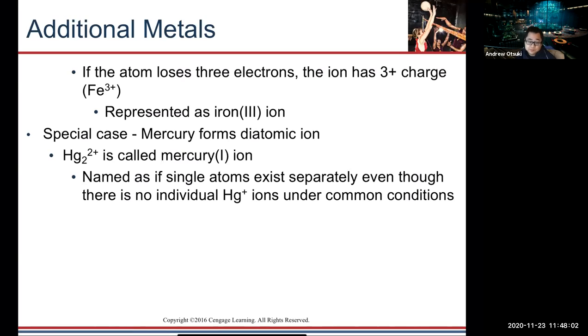So we name it as if each of the mercury atoms has a 1 plus charge, because we cannot observe Hg plus on its own under normal circumstances. So we call it the mercury 1 ion. It's not Hg plus that's mercury 1. It's Hg2 2 plus, with each mercury atom having a 1 plus charge. So that is the very special case. That's probably the only one you have to remember.